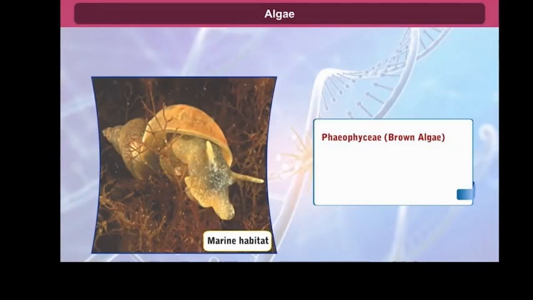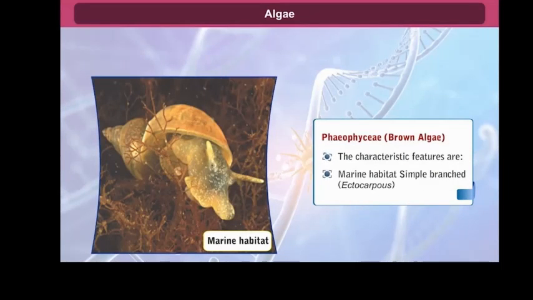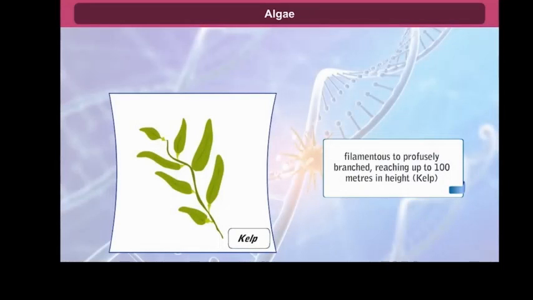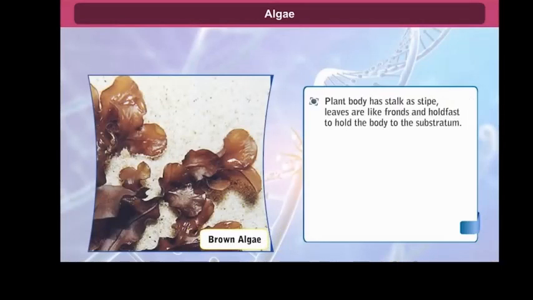Phaeophyceae, brown algae. The characteristic features are marine habitat, simple branched, Ectocarpus. Filamentous to profusely branched, reaching up to 100 meters in height, kelp. Plant body has stalk as stipe. Leaves are like fronds and holdfast holds the body to the substratum.